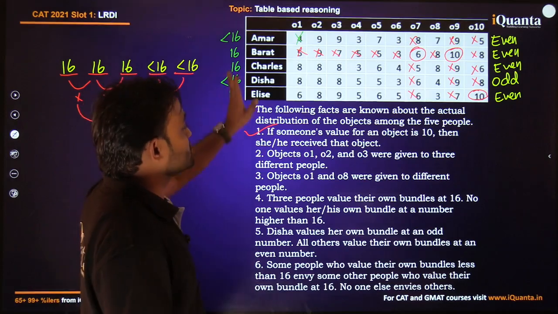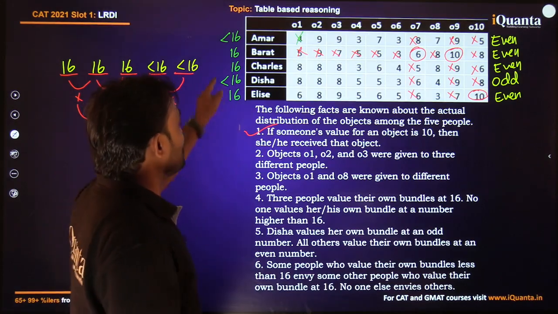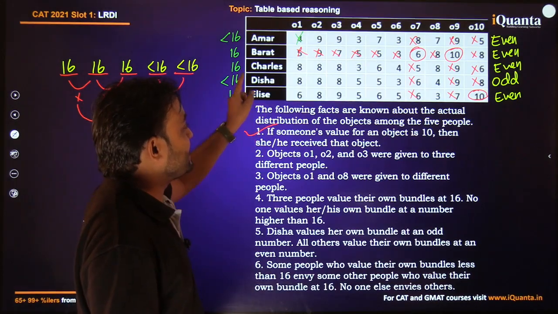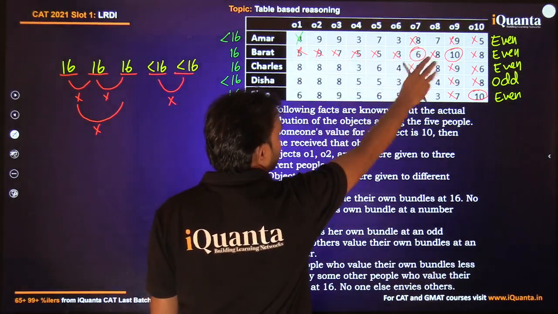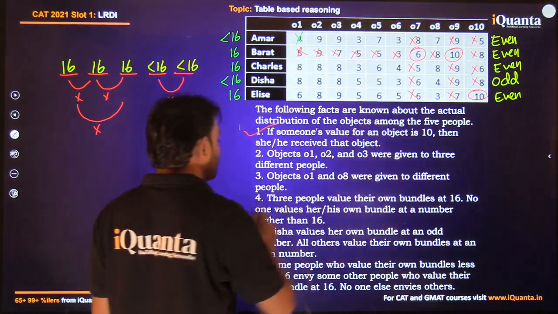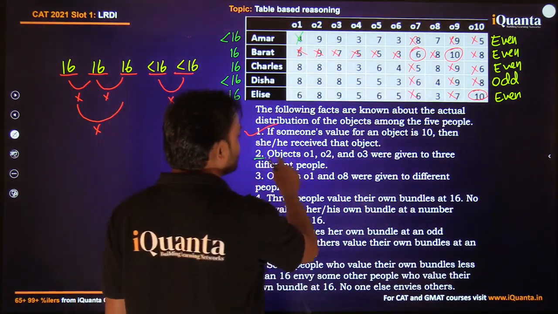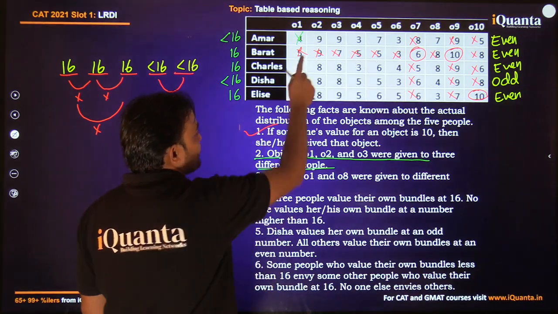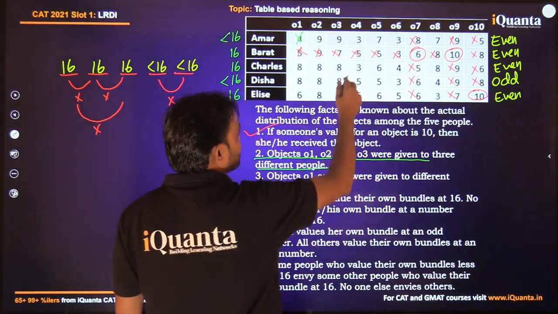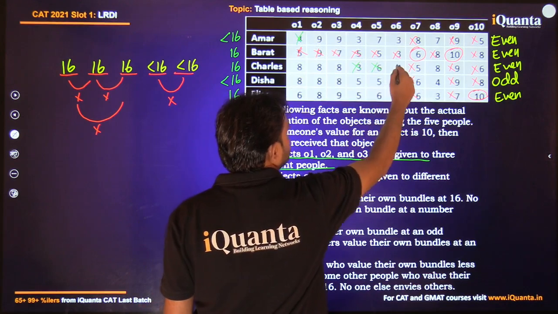Now let's talk about Charles. Charles got 16. How can he achieve 16? Only by taking 8, right? We know that objects 1, 2, 3 were given to 3 different people, so only 8 plus 8 can achieve 16. So let's cross out 3, 6, 4.